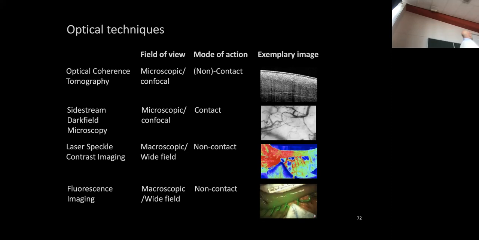So we had OCT, we had side stream dark field microscopy. I'm not sure if Dirk already showed something on that. He might do later on. Laser speckle contrast imaging, that's a large area visualization tool of perfusion, and fluorescence imaging, where you inject a fluorescent dye and you look at the camera. If it moves along, you take a picture of that.